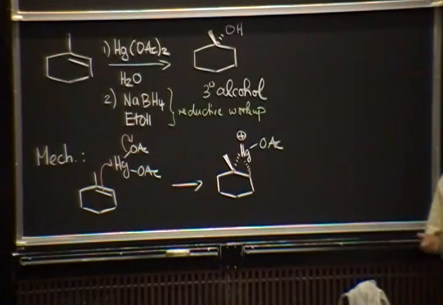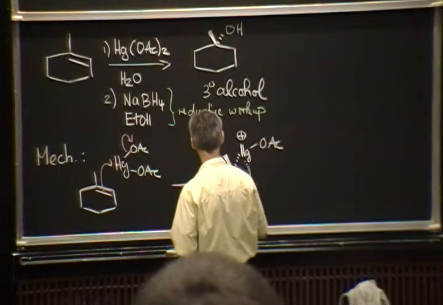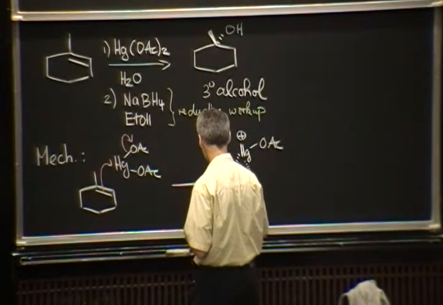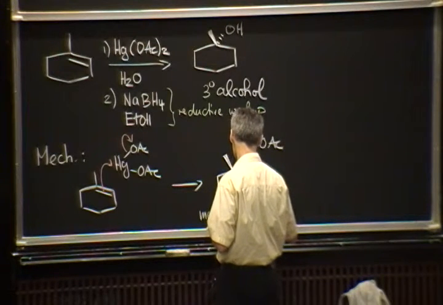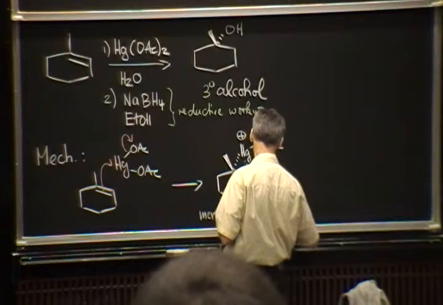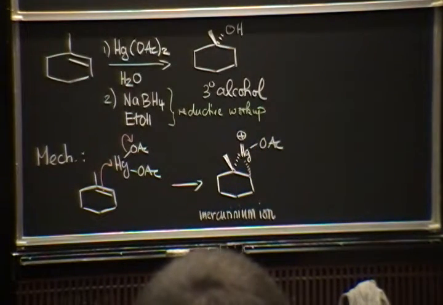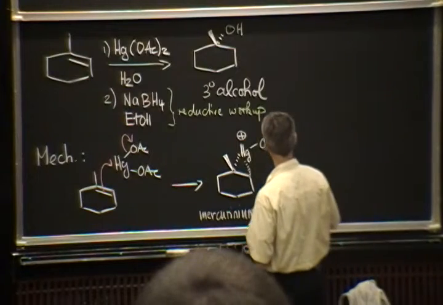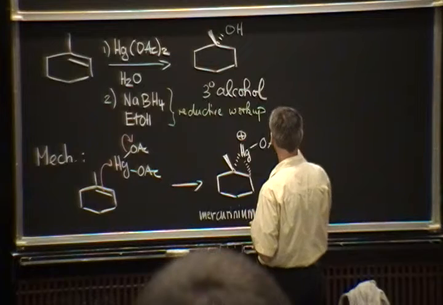Remember the bromonium ion, so this is the equivalent of the bromonium ion with mercury, and this is known as the mercurinium ion. Okay, so this is the mercurinium ion. And we have a counter ion here, and that of course is our acetate.